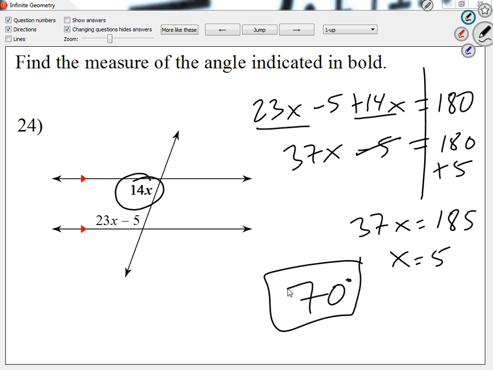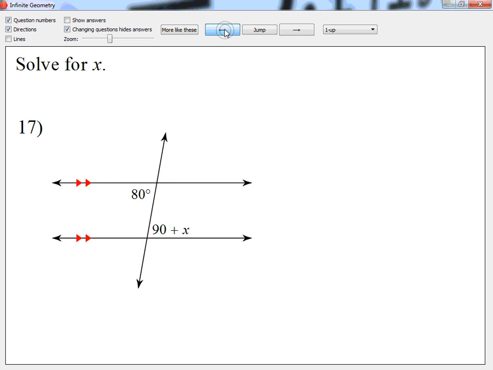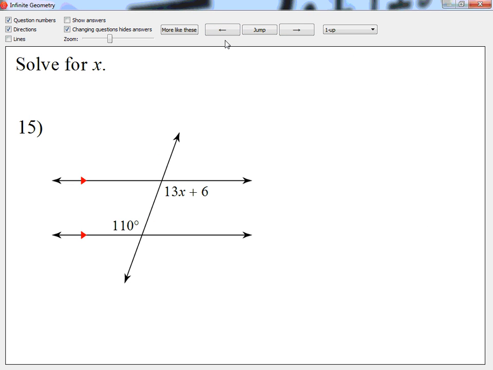Any questions? Yes. Number 15. Alright, so for 15, we're solving for x. My question to you: do I let them equal each other, or do they add up to 180? Equal each other.